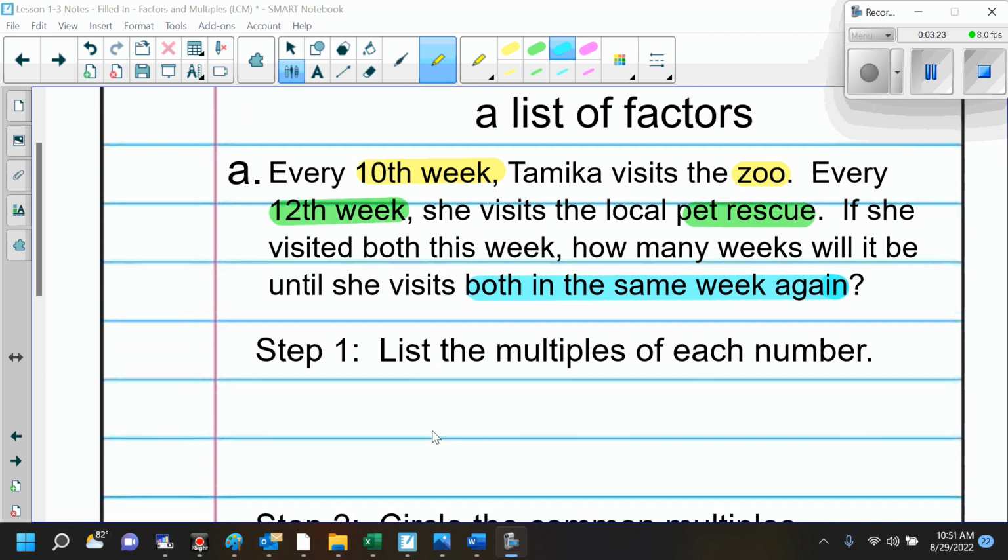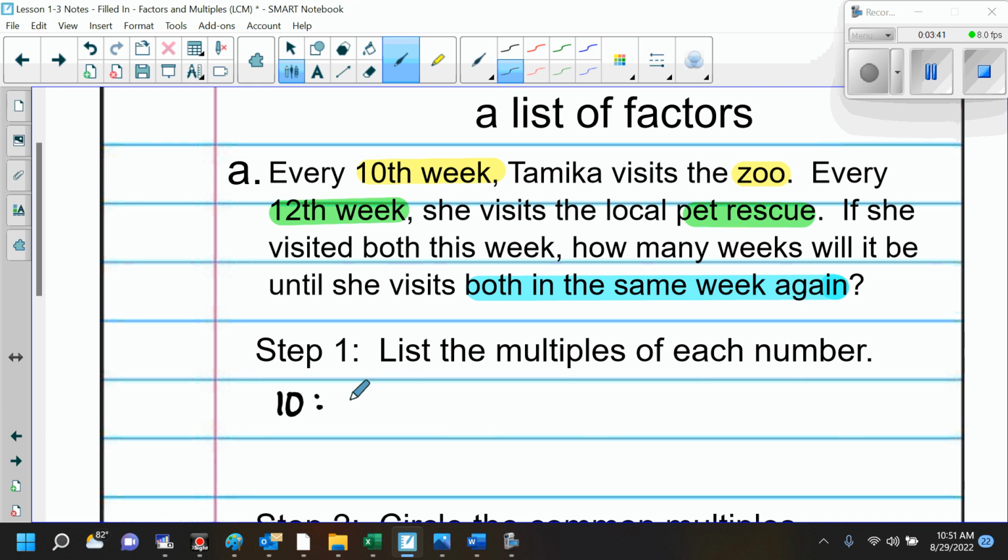So step 1. Let's write down step 1 is to list the multiples of each number. Okay, so the multiples of 10. And again, it's just 10 times 1, 10 times 2, 10 times 3, 10 times 4, and so forth, right?